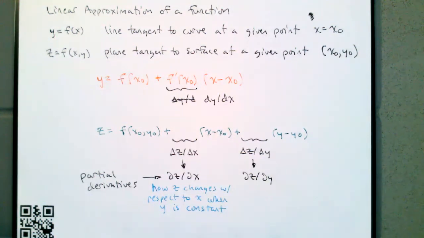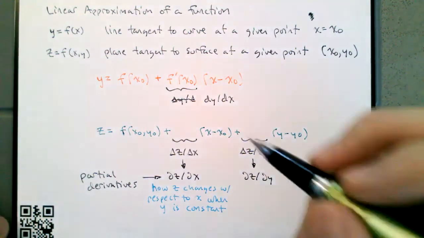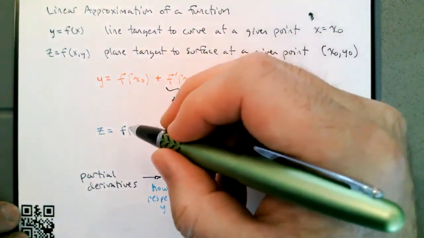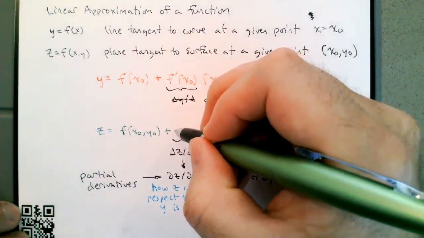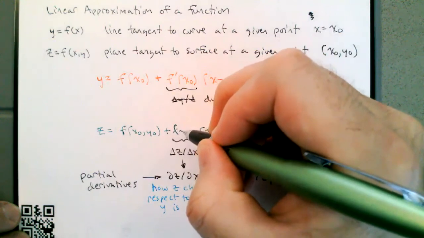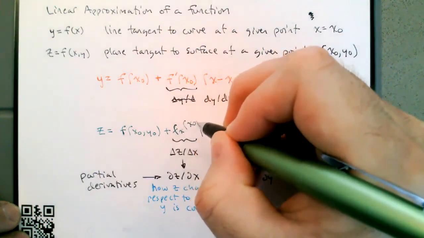So here's how we're going to modify our Leibniz notation. We're going to have to modify our Newton notation, the prime notation, and we're going to use subscripts for that. So the partial derivative of f with respect to x, I'm just going to write, with not enough space, a subscript, fx evaluated at x naught, y naught.